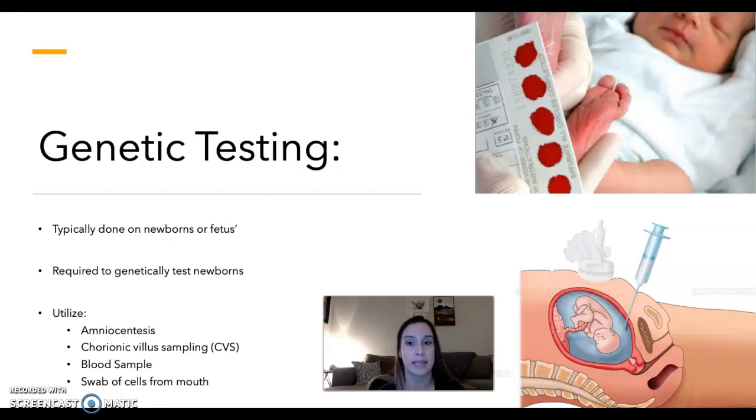There are multiple ways to test for this genetic disorder, and it's typically done in newborns and fetuses, but there are some special cases where adults come in expressing symptoms of the disorder, and they'll do just a quick blood test. It's fairly simple to find out if you're a carrier or express it or not.